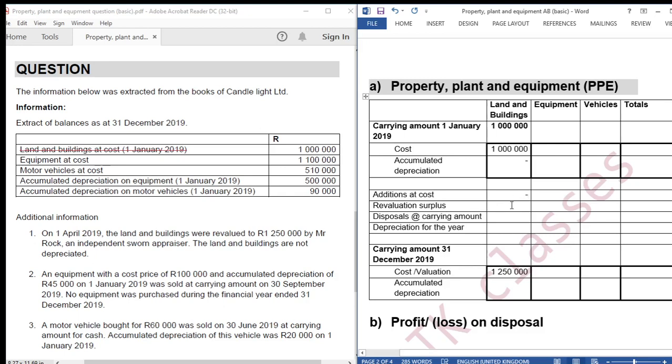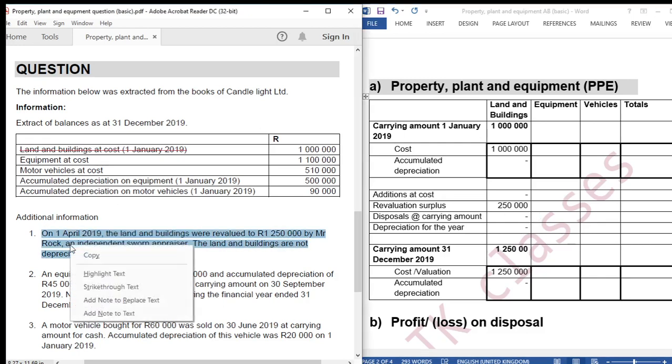Revaluation surplus: 1,250,000 subtract 1 million, that's 250,000, because this difference is due to revaluation. 0 here and 0 here. 1,250,000 subtract 0 is equal to 1,250,000. Remember, we don't have depreciation here. So we are going to strike through this.